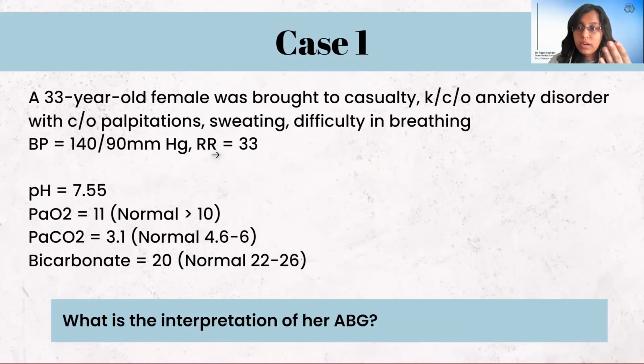This is why no one will ever give you just an ABG report and ask you to tell what it is, because every ABG report has possibilities, either compensation or direct acidosis alkalosis. Did you guys understand this case? Should I move ahead? And this is the reason why I put this as the first case. Yes, no, confused? Should I explain again?